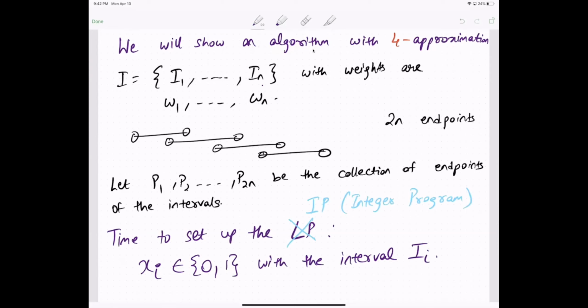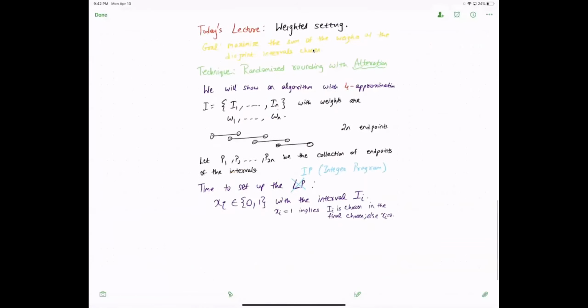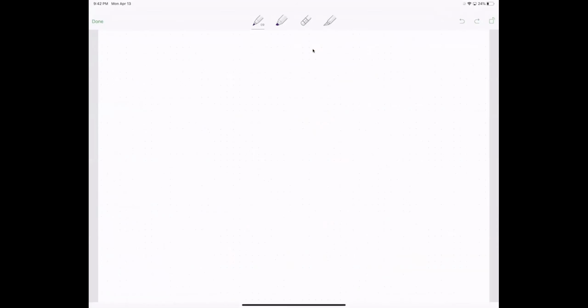So what does this mean? Xi equal to 1 implies Ii is chosen in the final solution. Else xi is 0. That's the standard way of setting up this integer program.